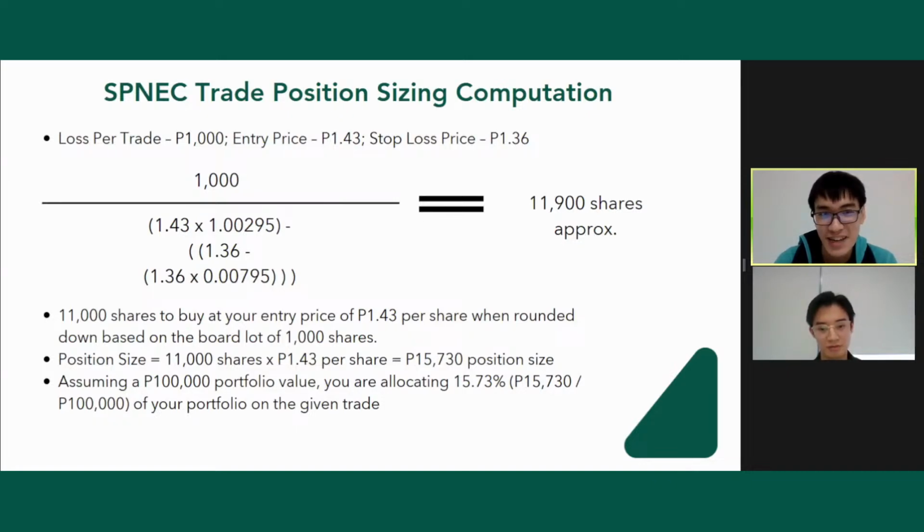How much you're risking. And in fact, you might be risking the whole amount of your portfolio. Unlike here, talagang calculated yung risk mo. So if matalo ka, you already know na you're only gonna be losing 1,000 pesos, kasi naplano mo na siya. You have a stop loss, tapos may position sizing ka.